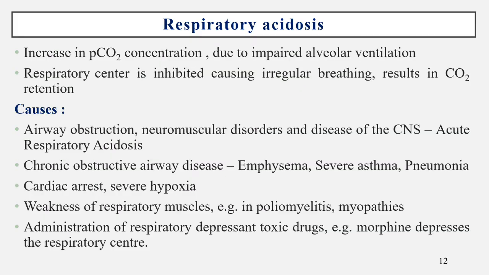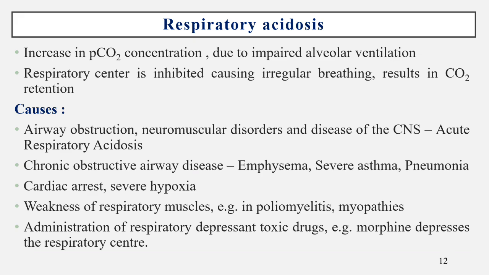Next, coming to respiratory acidosis. Respiratory acidosis means increase in partial carbon dioxide concentration due to impaired alveolar ventilation. The respiratory center is inhibited, causing irregular breathing and resulting in carbon dioxide retention in the body.